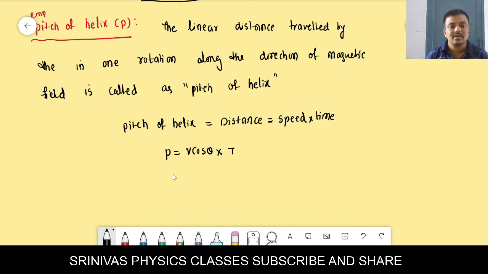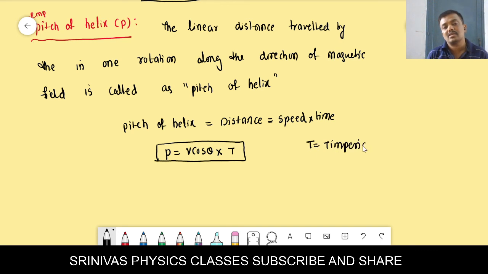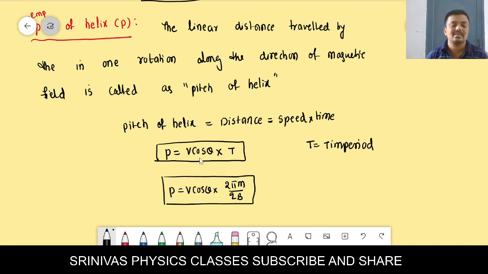This is the formula: P is equal to V cos theta into T, where T is the time period. What is the formula for the time period? 2 pi m by qB. So this is the formula for the pitch of helix.